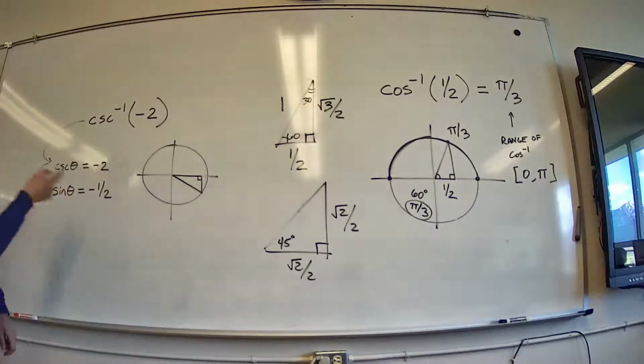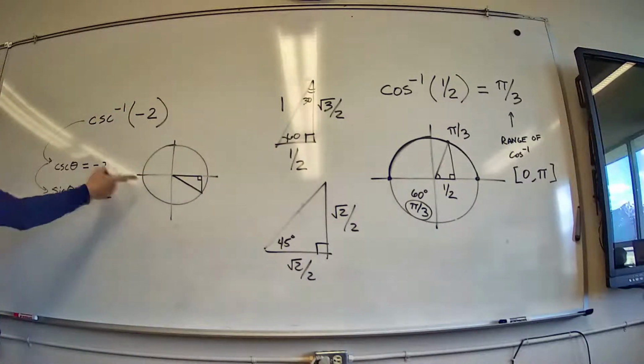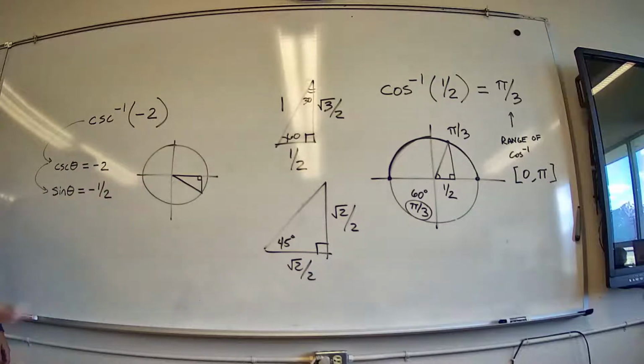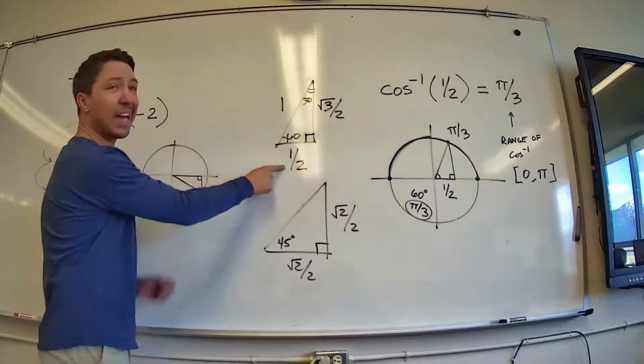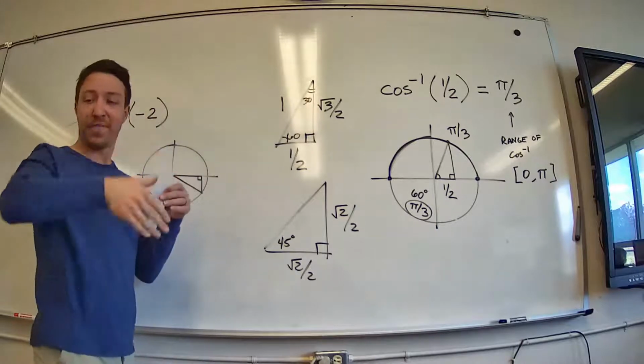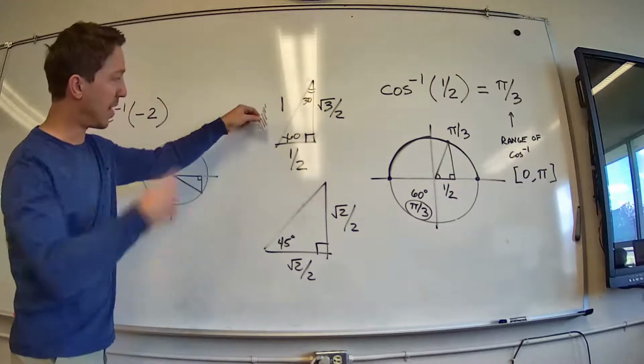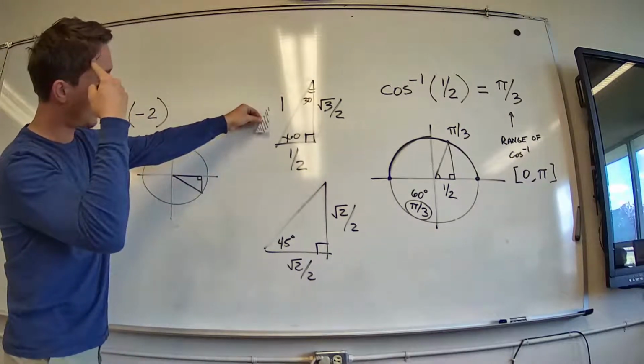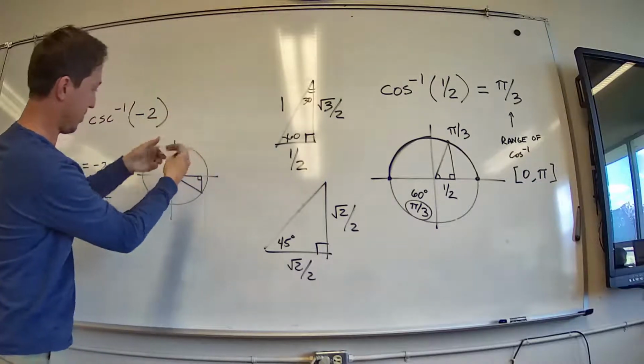He lives here right now. But I need him to live on this circle in a way so that his y value is negative 1/2. Well, that means his short leg, the 1/2, has got to be the vertical one, right? So in my mind, I go like, bloop.